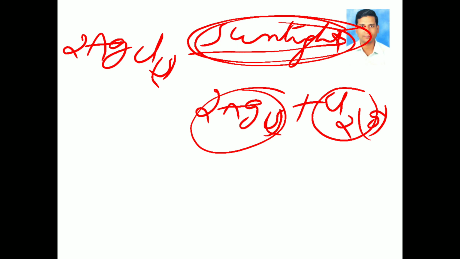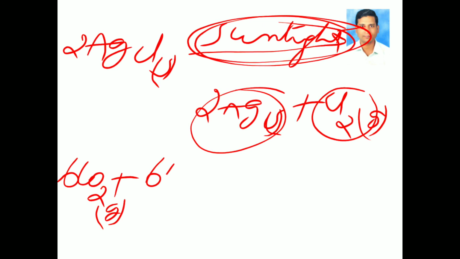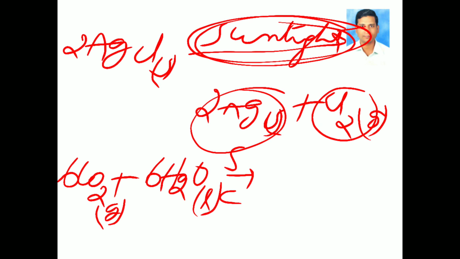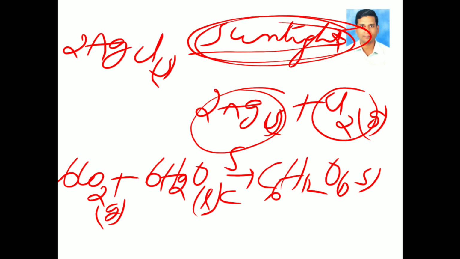One more example, photosynthesis. 6CO2 plus, it is gas in state, 6H2O liquid state gives rise to, with sunlight and chlorophyll, C6H12O6, it is solid state, plus 6O2, oxygen in gaseous state.